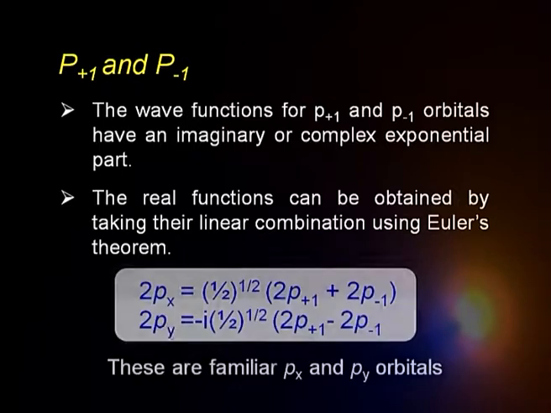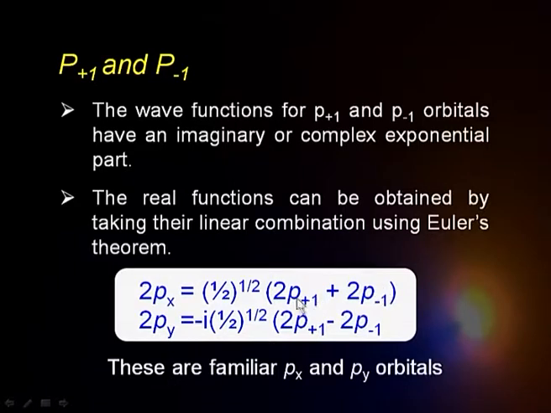When I do that, I generate an orbital called the 2px orbital, which is made by a combination of 2p plus 1 and 2p minus 1. That is a constructive combination, and 2py is created by a destructive combination of p plus 1 and p minus 1. If I combine these two wave functions in this way, I generate what are called the px and py orbitals.